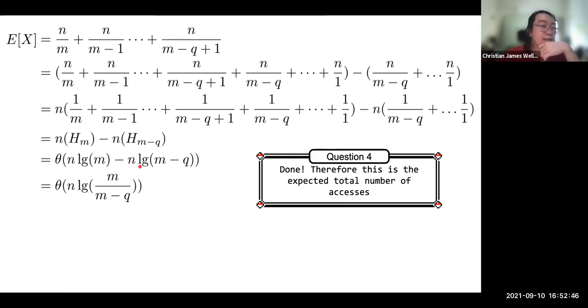So I think you can drop this last term, but then you cannot guarantee that it's theta. You can guarantee that it's big O, upper bounded by N log M. But to be more precise, more tight, we want to keep this log of M minus Q. Does that make sense?